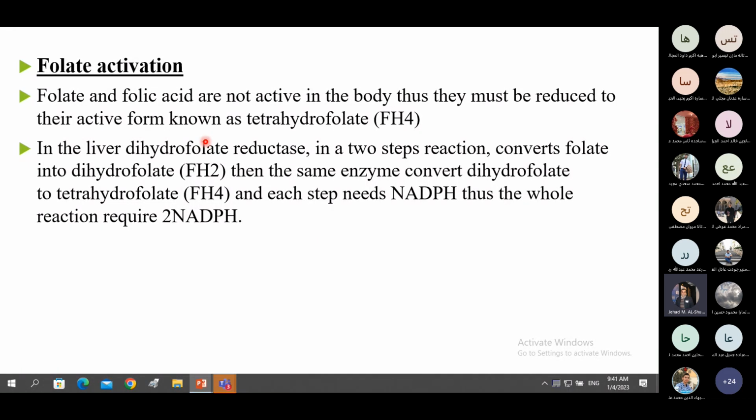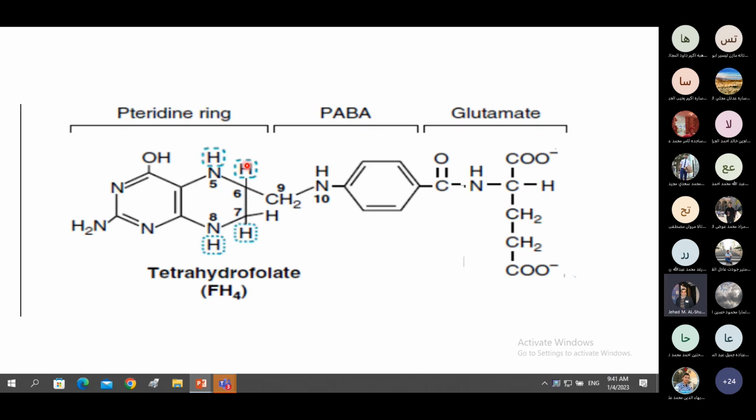How is the folate activated? By donating to it 4 hydrogens. See? 1, 2, 3, 4. To which atoms? 5, 6, 7, and 8. So the activation of the folate occurs through donating, reducing them, through donating 1, 2, 3, and 4 hydrogens.